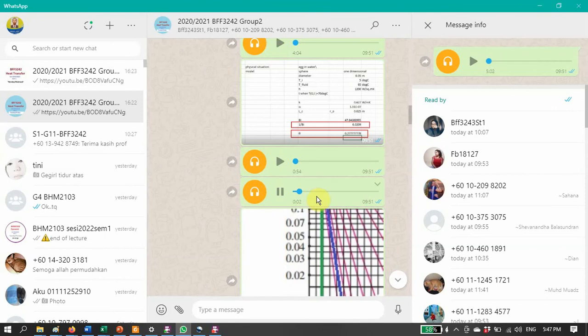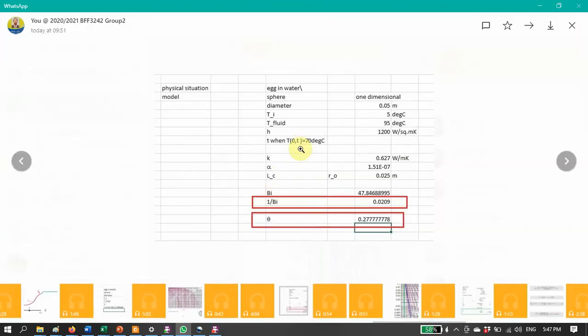Now, if you look at the non-dimensional temperature, we have the final temperature that we are interested in, which is 70 degrees, the initial temperature of 5 degrees, and the peak temperature of 95. So the non-dimensional temperature is 0.27.